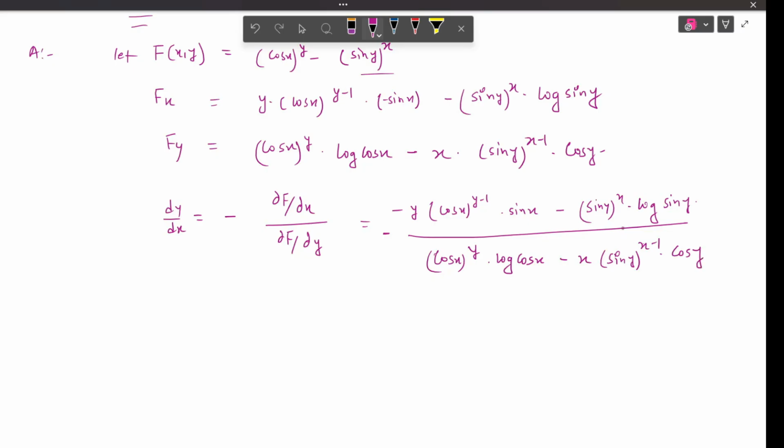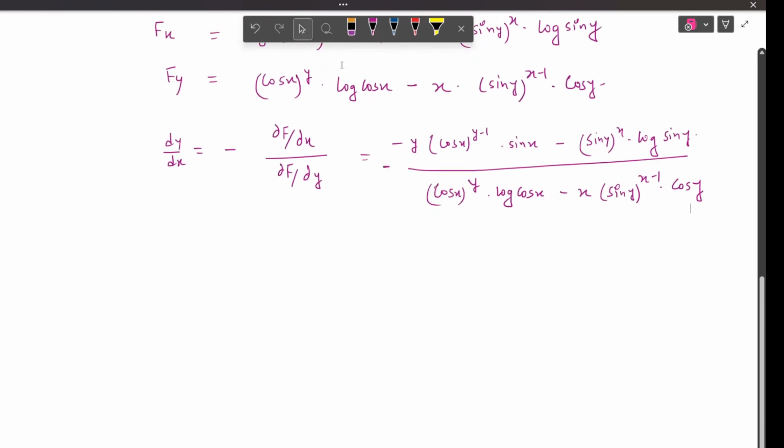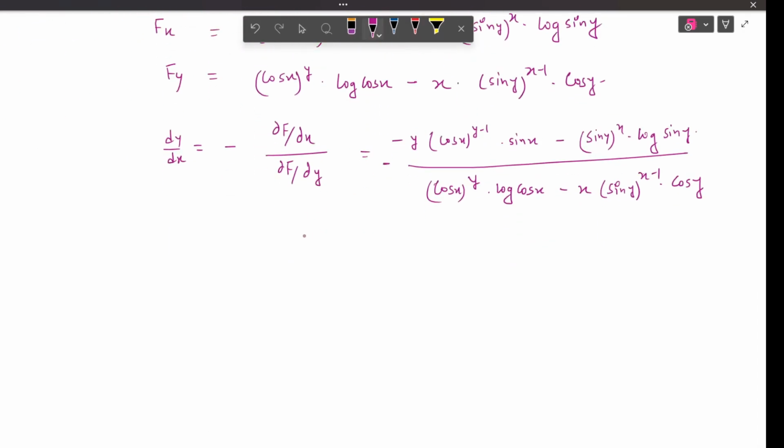Now from the given relation, cos of x to the power y is sin of y to the power x. So we can substitute. Minus minus is plus, and this minus into minus will be plus.